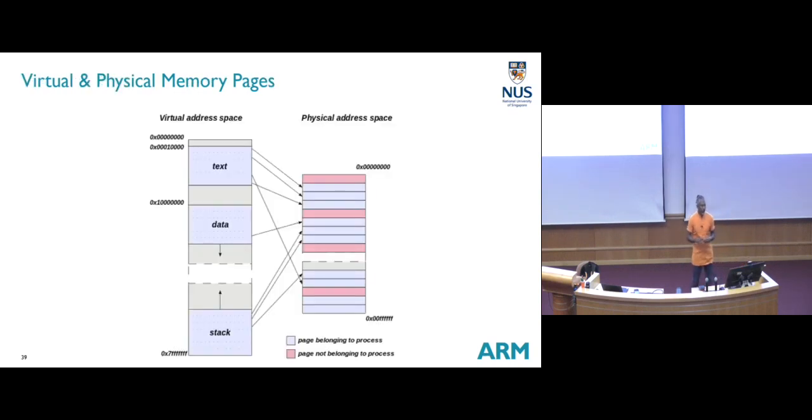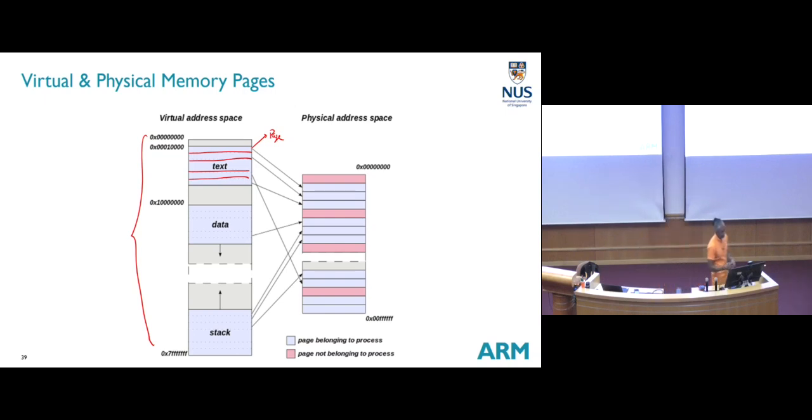If you look at the virtual address space, for example here, I can have a very large virtual address space, and each of these is broken up into blocks. We call these pages. Each block is called a page. What we do is keep copies of these pages from the hard disk in my physical memory.